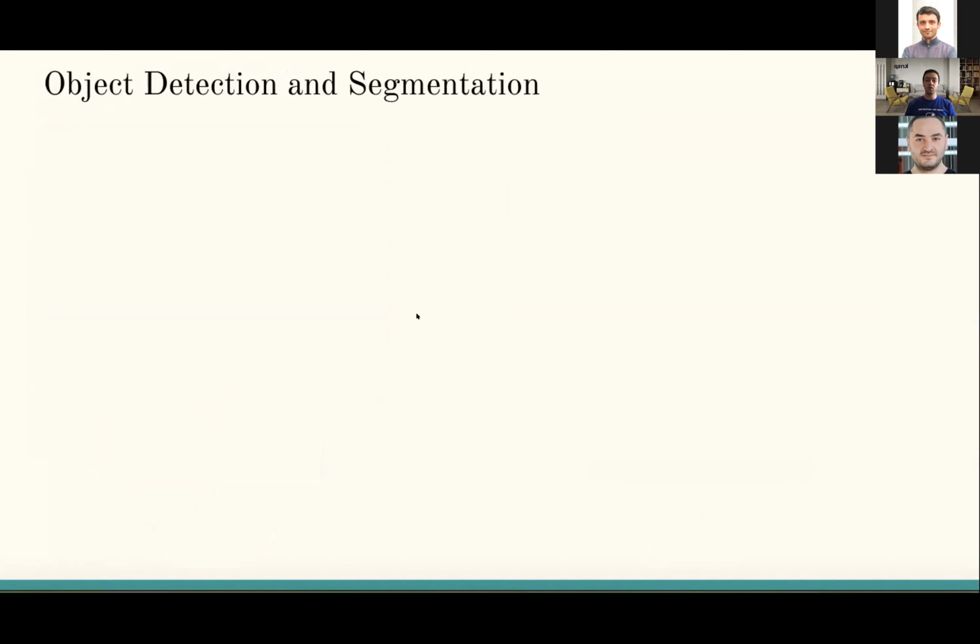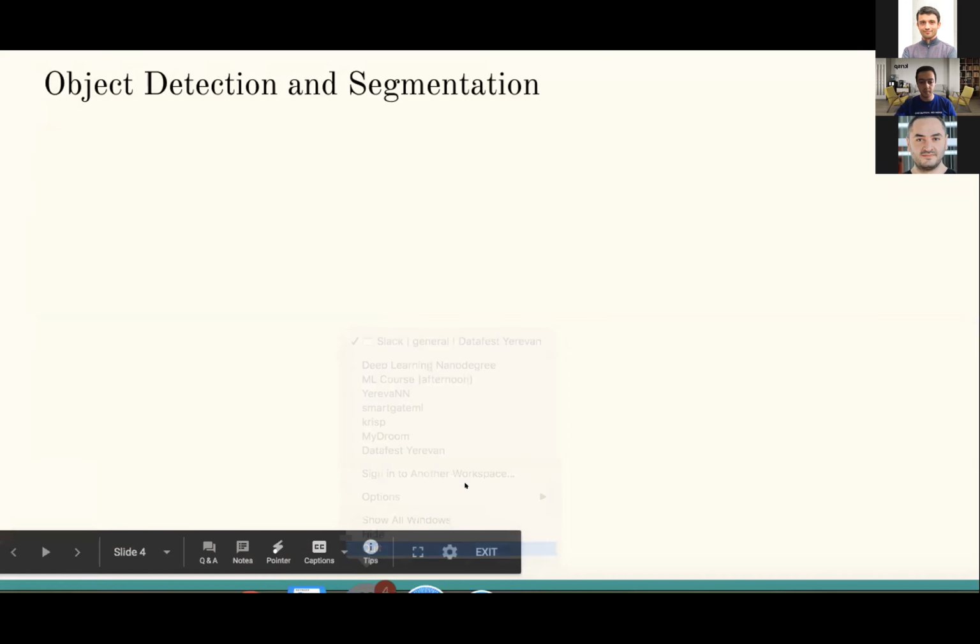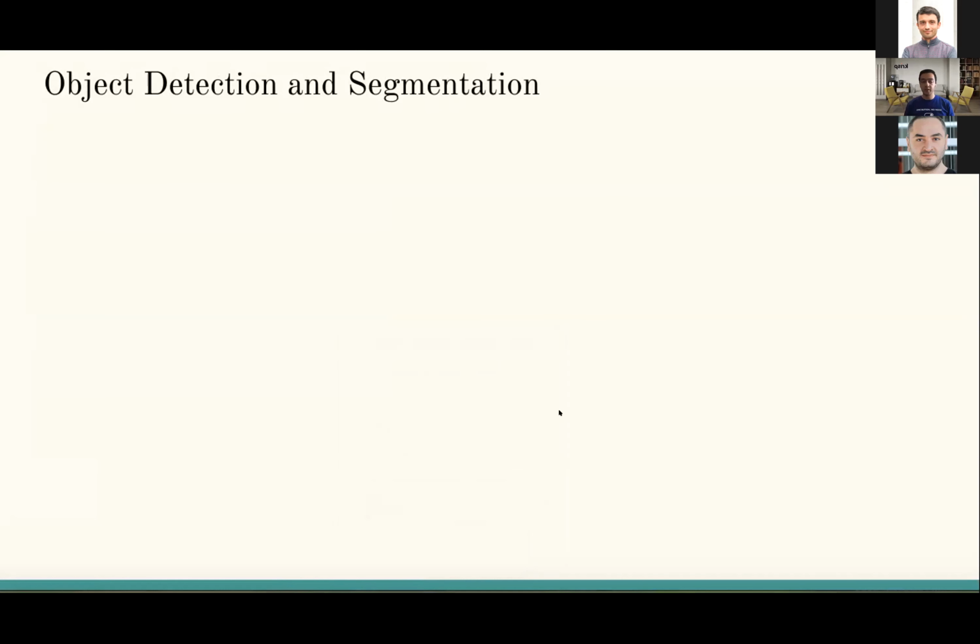Let's talk a little about object detection and segmentation. So, what is object detection? The goal of object detection is to locate where in the image your specific object is. Where is its location? For most cases, it gives you the bounding box that says where your target object is.